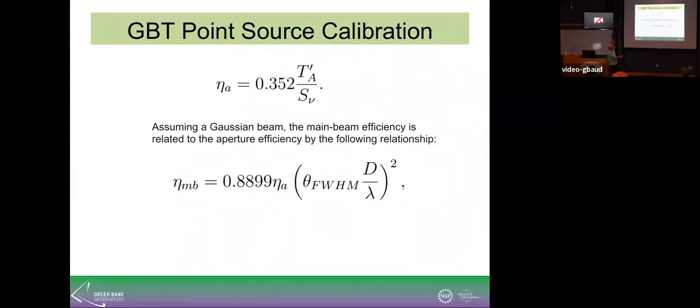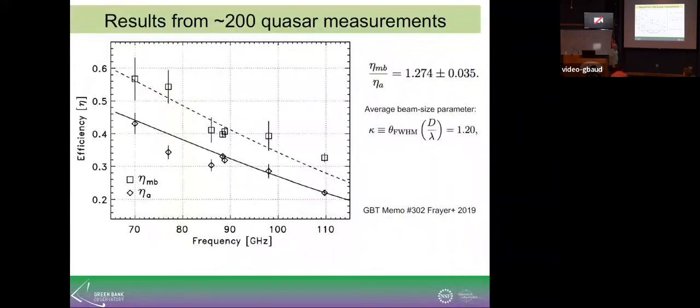Anyway, if you do the math, you get that, and that is only applicable for a Gaussian beam, which is pretty close. We tested this out with the GBT even up at the highest frequencies, all the way up to 115 gigahertz, and we see basically the theoretical expectations of performance of the aperture and beam efficiency.